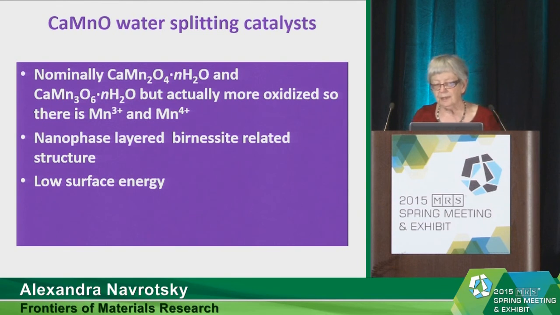The role of the calcium or sodium or potassium is charge balance in the materials. Instead of forming the parent Mn2O3 structure or the parent MnO2 structure, one forms materials with mixed valence and with essentially a layered structure.